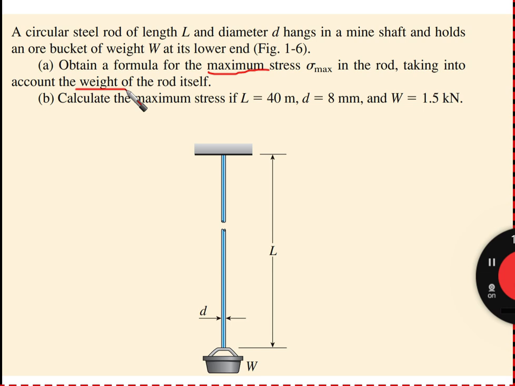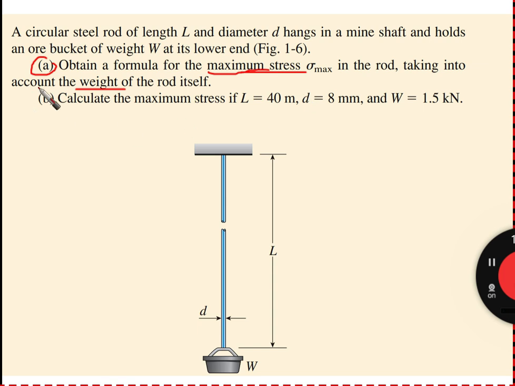Now the second point that we want to determine is to calculate the maximum stress if L equals 40 meters, the diameter is 8 millimeters, and the weight is 1.5 kilonewtons. So in point A we want to obtain a formula for the maximum stress.